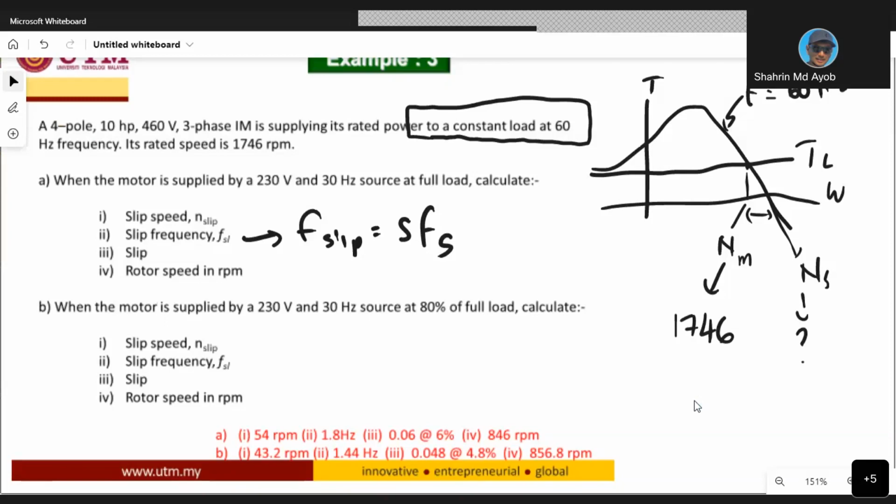Okay lah, let's try. Okay, semua dah dapat? Okay. Belum?